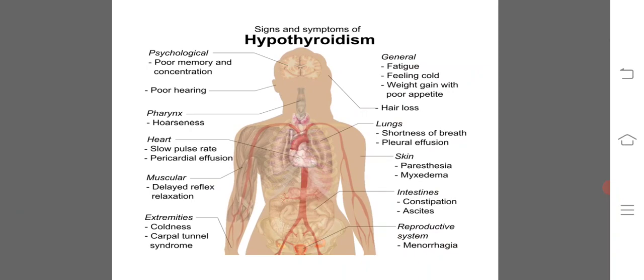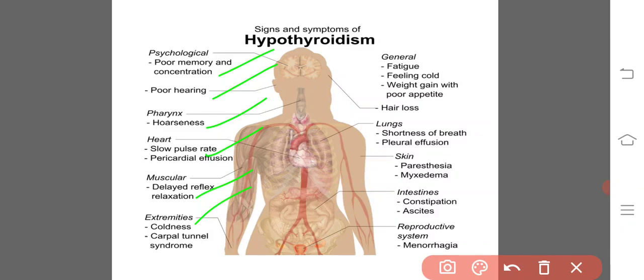And signs of the hypothyroidism: psychologically, poor memory and concentration, poor hearing, and pharynx hoarseness. Then heart, slow pulse rate, pericardial effusion, muscular delayed reflex relaxation, and extremities coldness, then carpal tunnel syndrome.